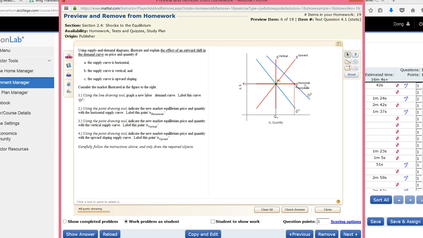Going back to the chapter 3 materials we studied last week about the elasticity, a horizontal supply curve means that the supply is very elastic, or more precisely, it's actually perfectly elastic. So that means the price doesn't change, but the quantity can be anything.